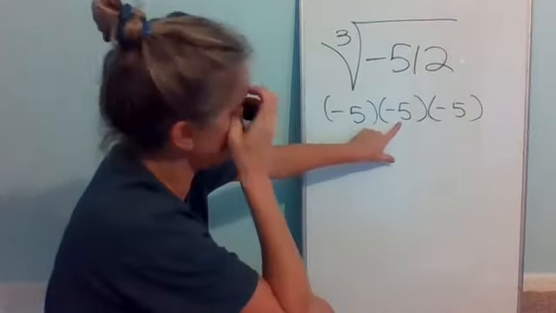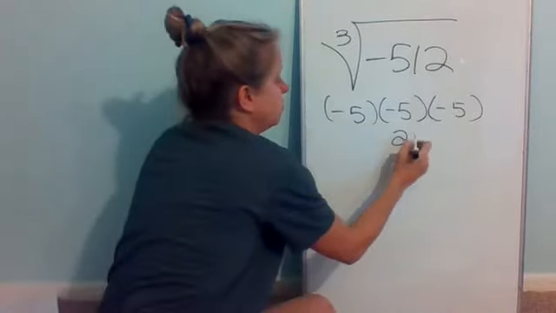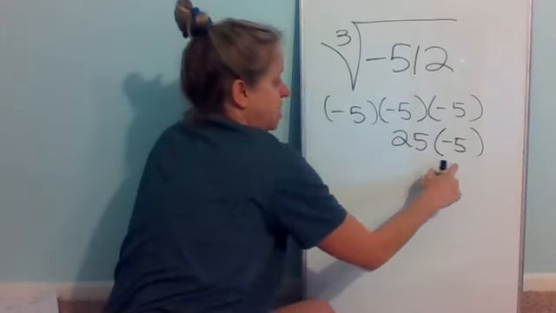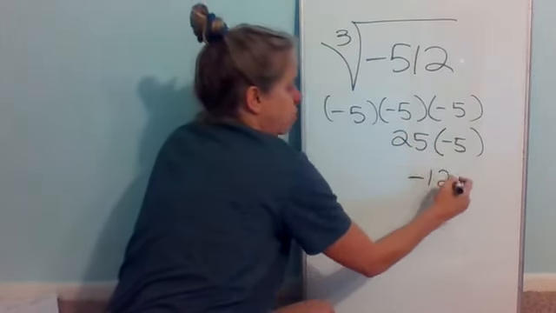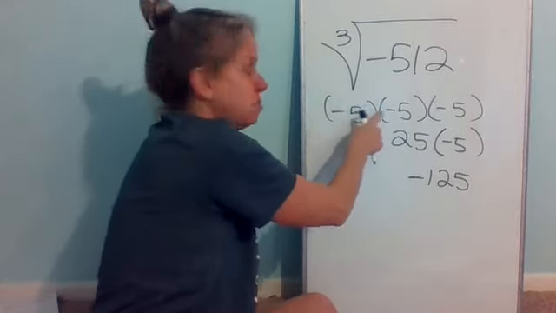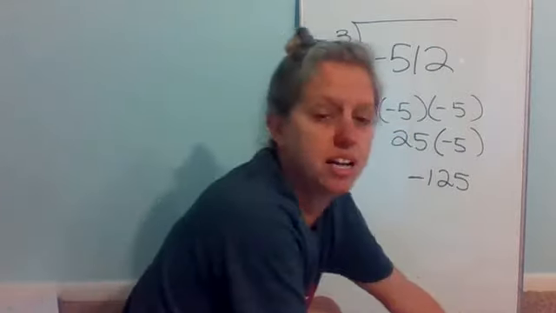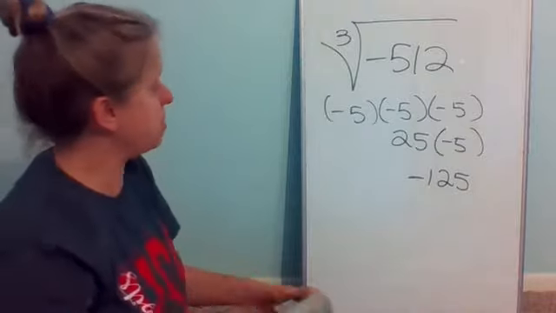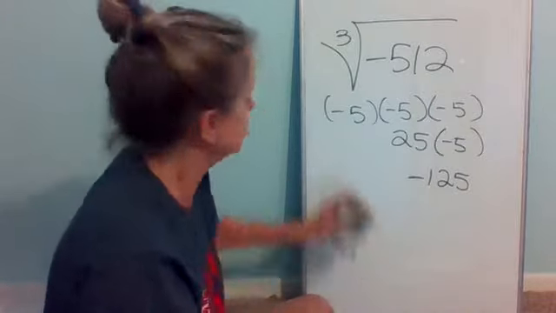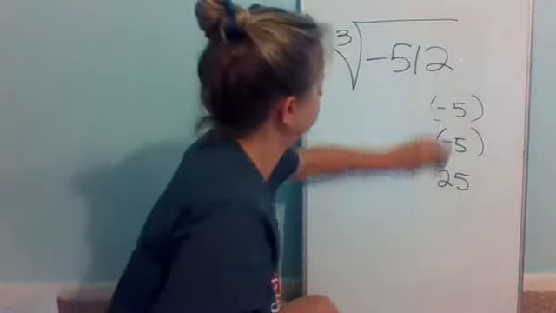Negative 5 times negative 5 is positive 25. But if you multiply that times negative 5 again, it's going to give you negative 125, which means I need to use something bigger than 5, right? So let's try 7.